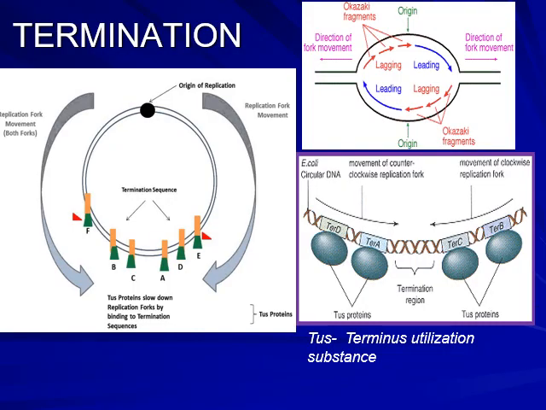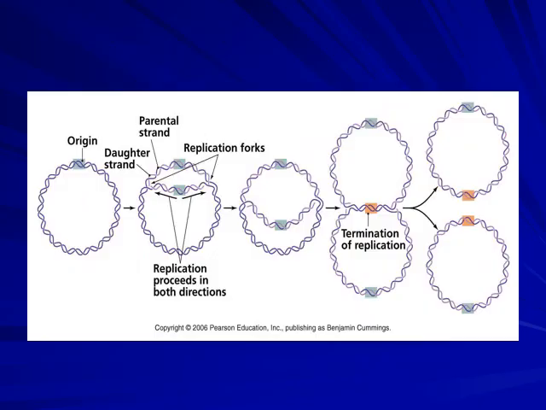So, these are the termination sequences that we see here, and the termination sequences are recognized by the TUS proteins, and they then arrest the movement of the fork, causing a termination of replication, and we have the formation of the two daughter strands.